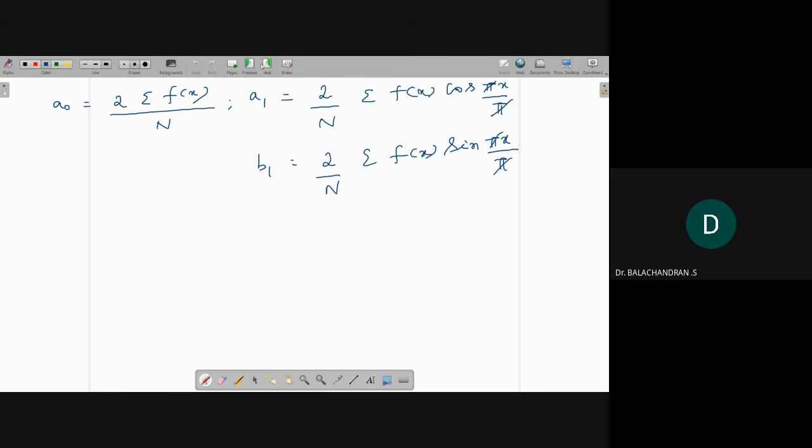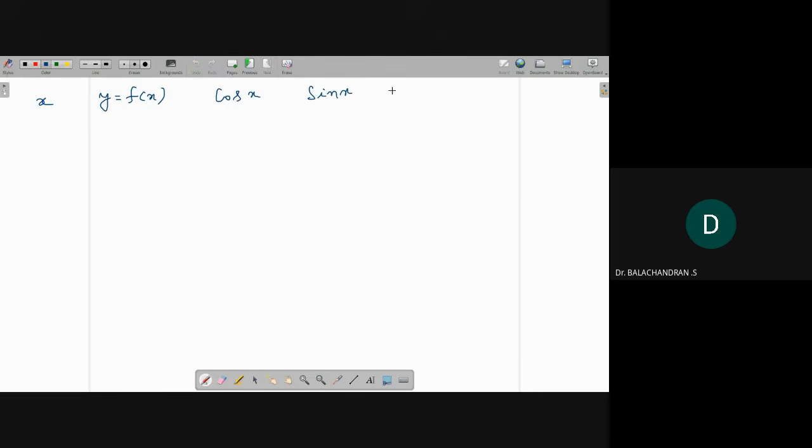Okay, and then I need what? F of x into cos x, f of x into sin x, or y into cos x, or y into sin x. So now the table.